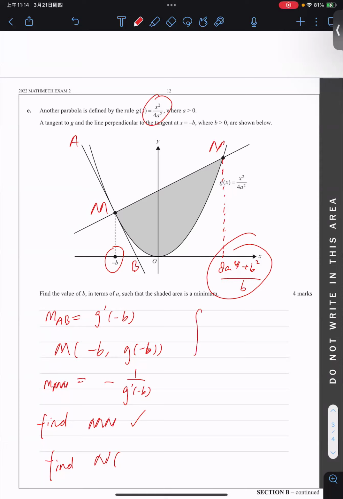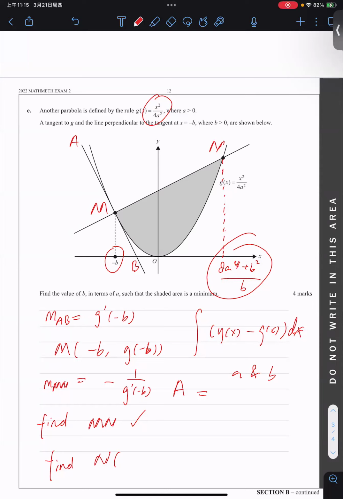So you can work out a definite integral. Again, it's still the straight line minus g(x), and never forget your dx. Once you have your area, it is an area related to a and b. And then we should look for when you would have the minimum.